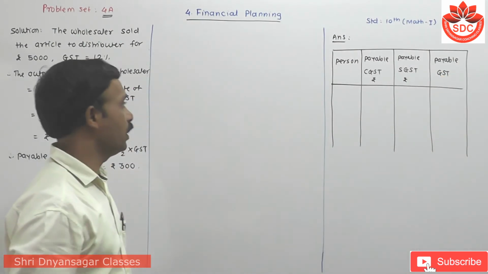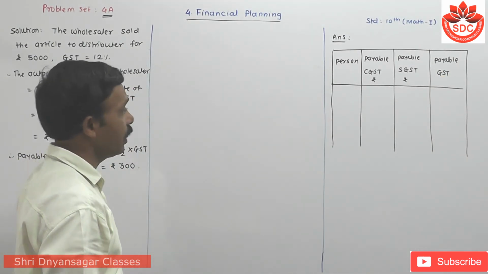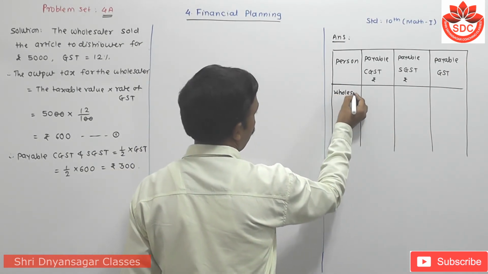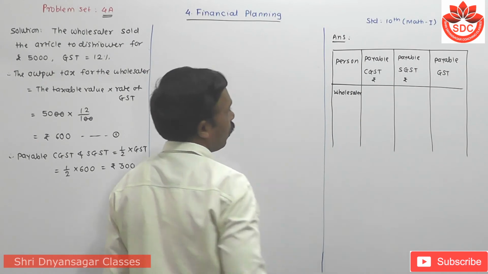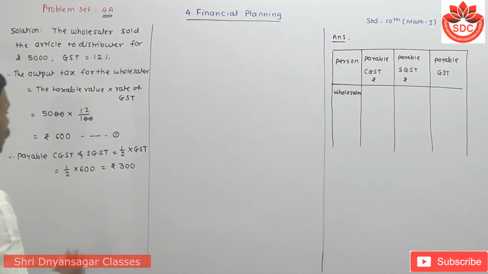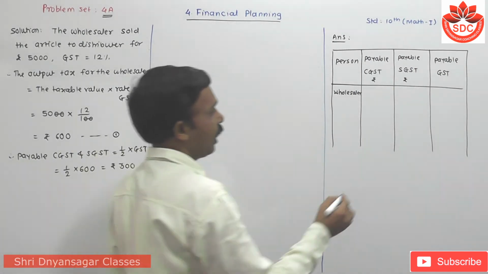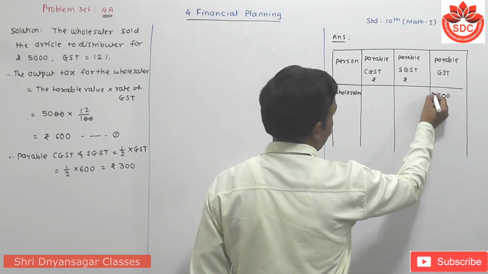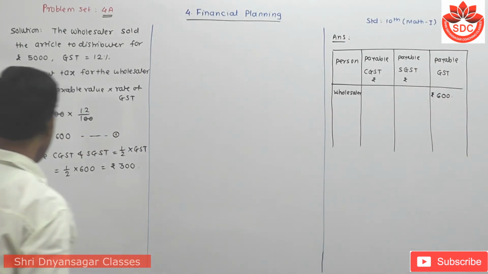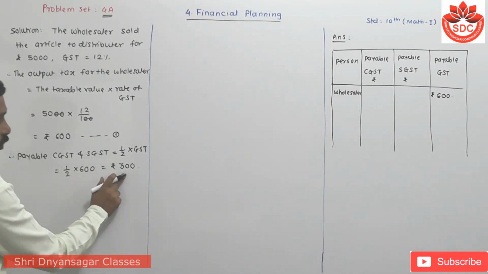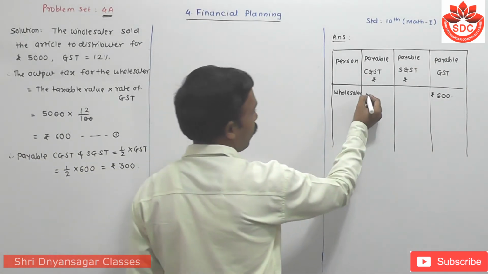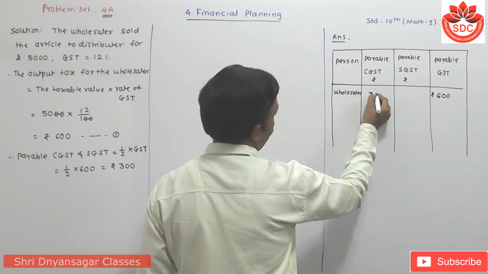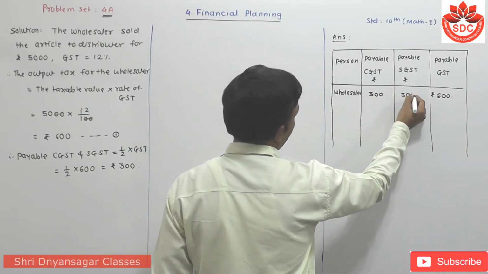Now for the first case, there is the wholesaler, that means the manufacturer to wholesaler. Payable GST is how much? 600. I have to write the answer simultaneously here: 600 rupees. Then CGST and SGST is rupees how much? 300 rupees, and here is also 300.